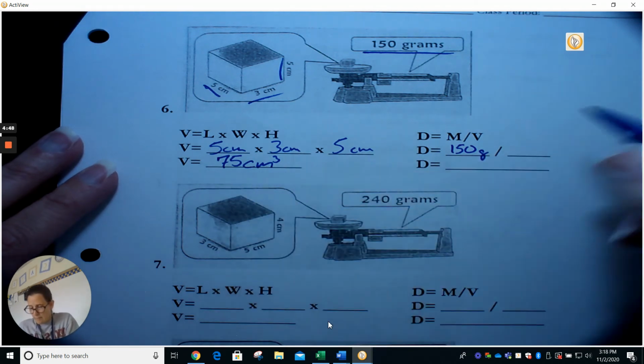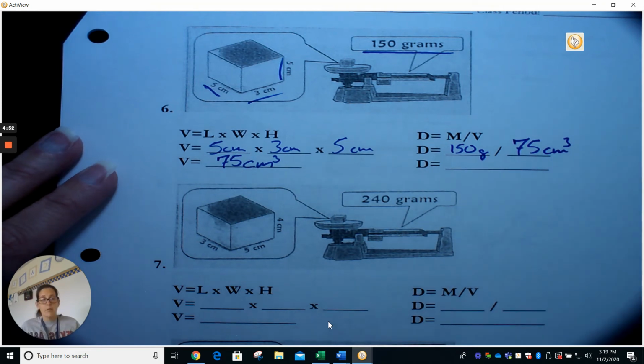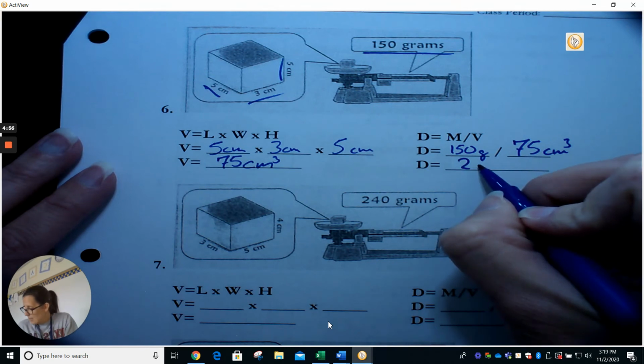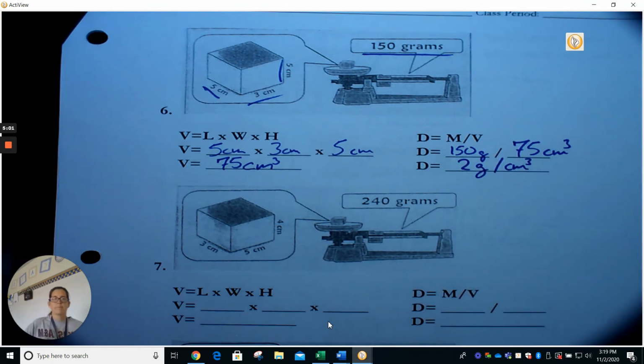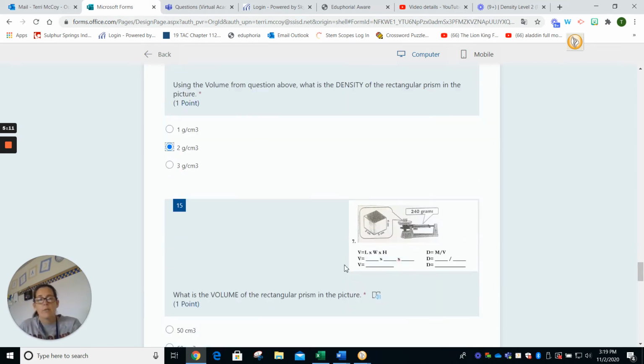Our volume is 75 centimeters cubed. When we do that math, our density is going to be 2 grams per centimeter cubed. Okay, so let's come back over to our form. Our answer is 2 grams per centimeter cubed, and we're ready to move on to the next one. Y'all are doing great.